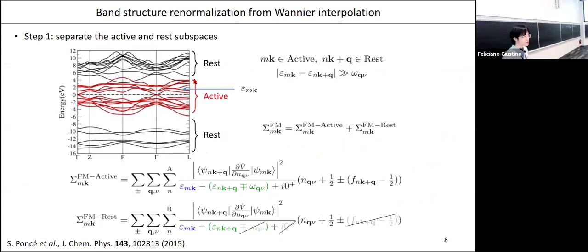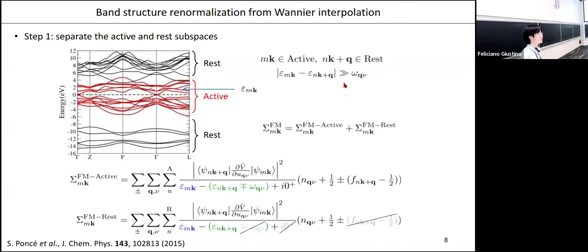Yeah, so in principle, it is also a convergence parameter. So you need to expand the active space as much as possible to converge your self-energy. But this means that the computational cost increases. So usually what one can do is to identify an energy range you want to calculate, and then add a few electron volts of buffer above and below to make sure that this approximation is valid.